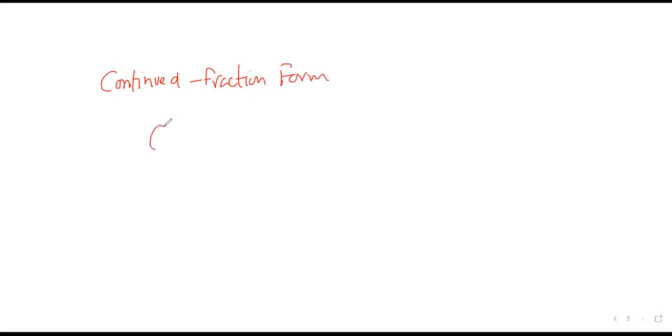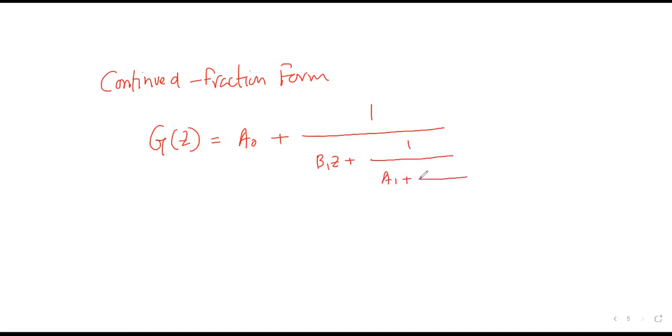Okay, so whatever G Z is given, you have to try to organize G Z as a combination of A0 plus 1 by B1 Z plus 1 by A1 plus 1 by B2 Z plus, okay, so this thing will continue until you reach A n minus 1 plus 1 by B n Z plus 1 by A n.